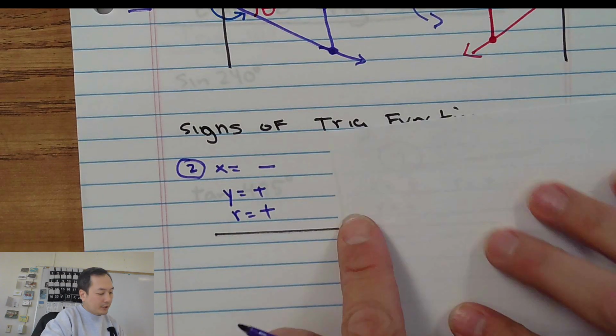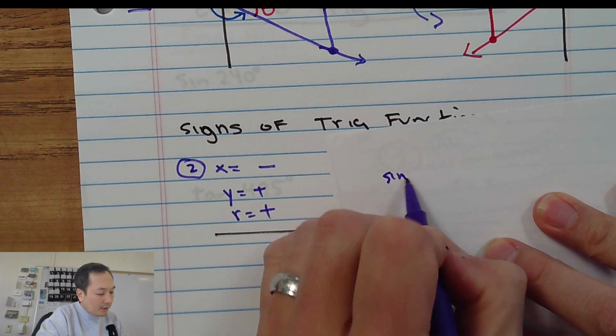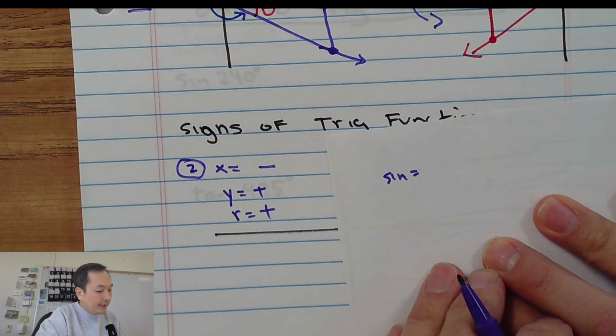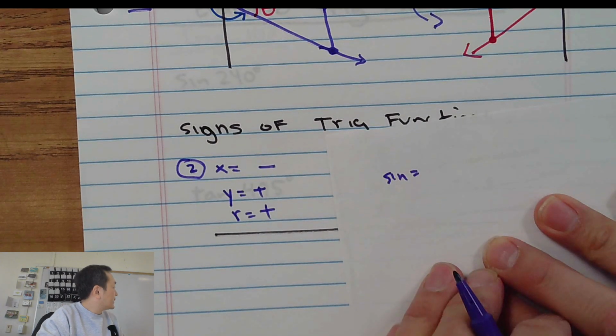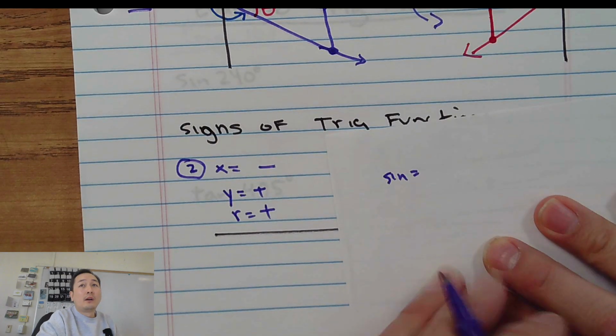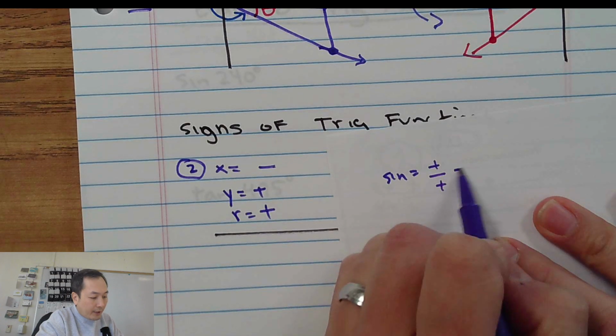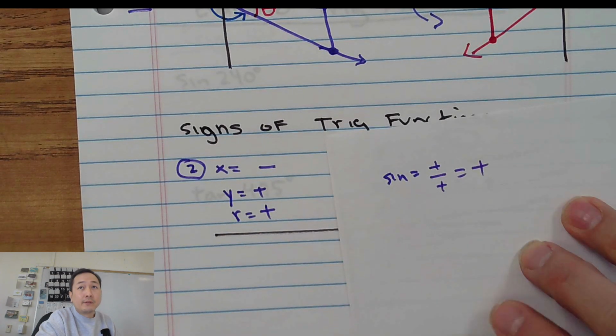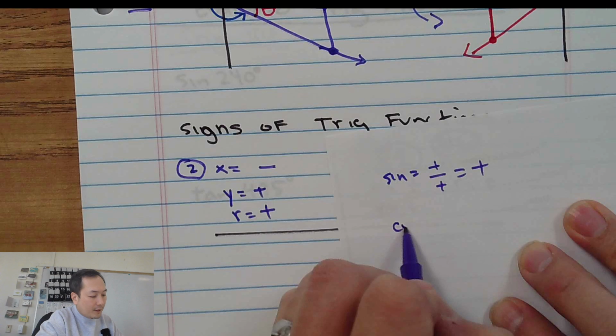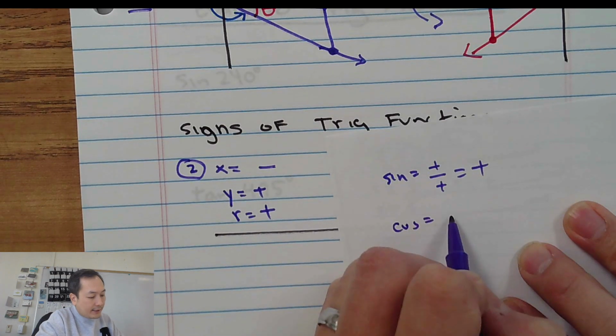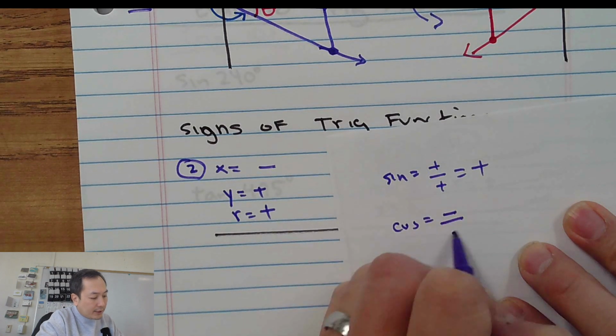So here, sine is y over r, which is positive over positive, so that's positive. Cosine is x over r, which is negative over positive, which is negative.